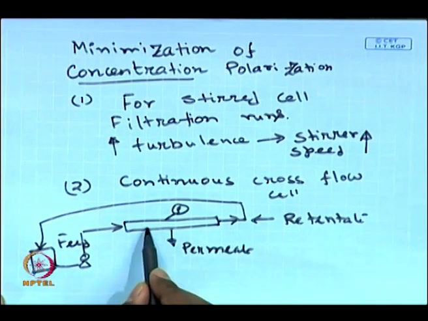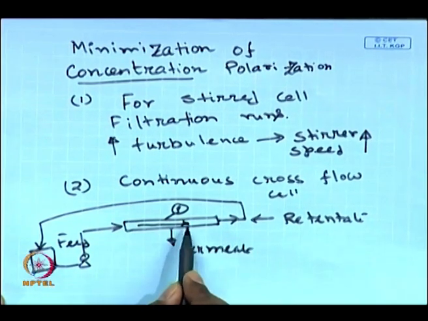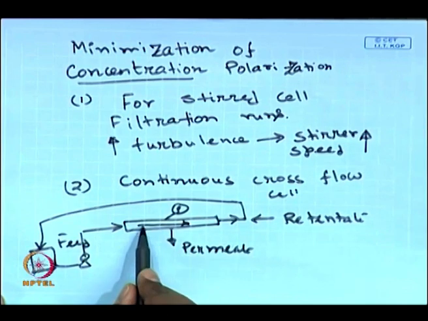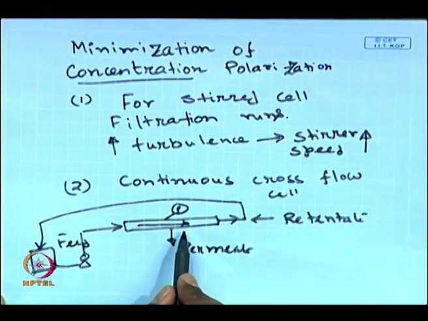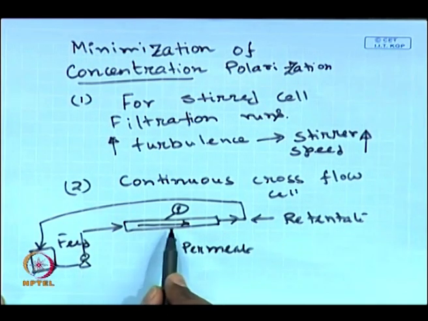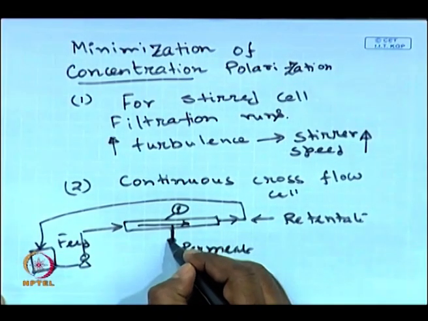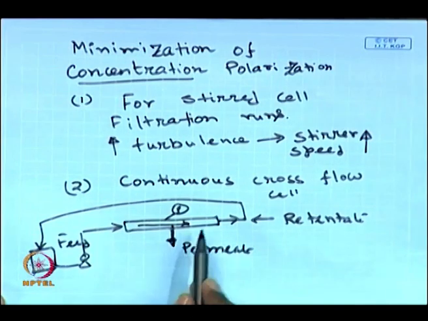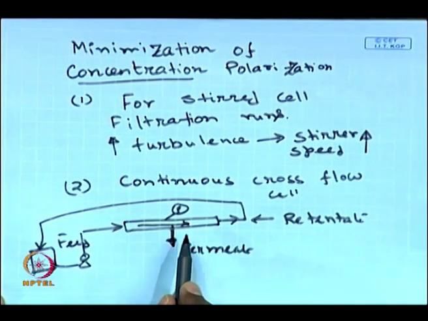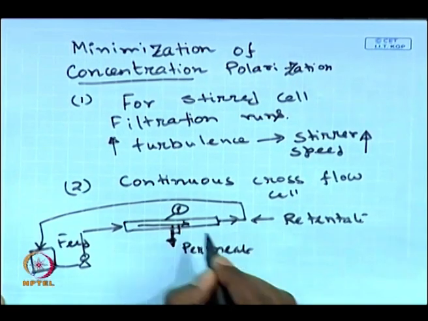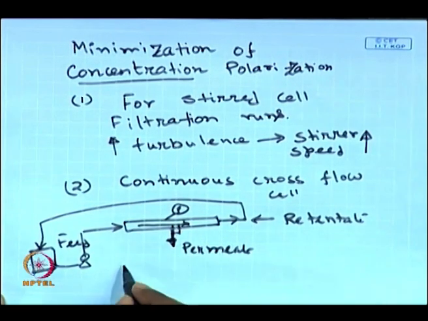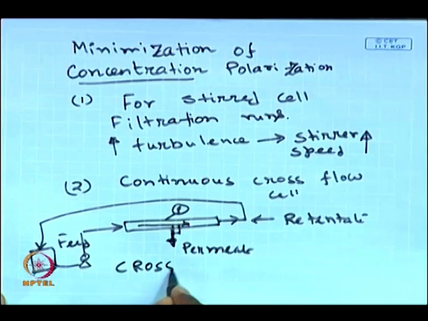Now, feed is flowing over the membrane surface tangentially. So, the surface of the membrane and the direction of the feed flow are parallel. Okay. On the other hand, the permeate that is coming is at 90 degrees to the direction of that flow. That is why it is called a cross flow system. This angle is 90 degrees, and this system is also sometimes called a tangential filtration system.